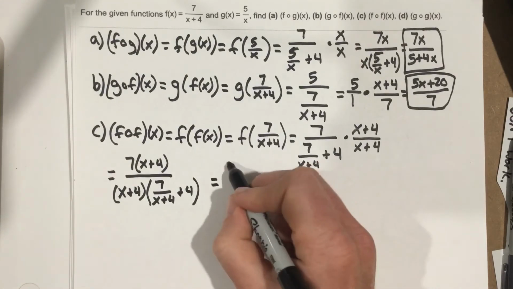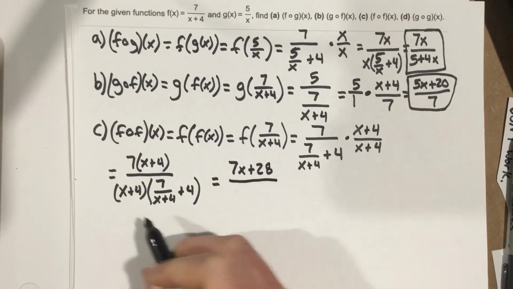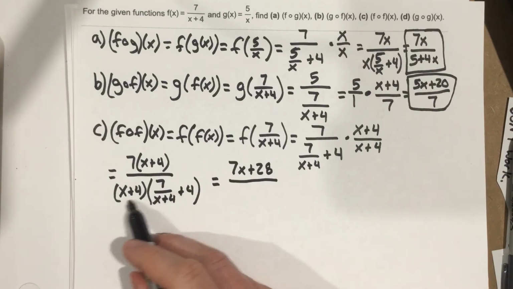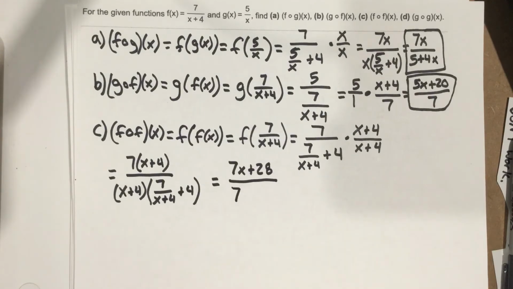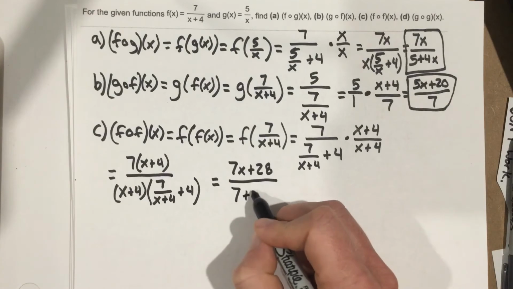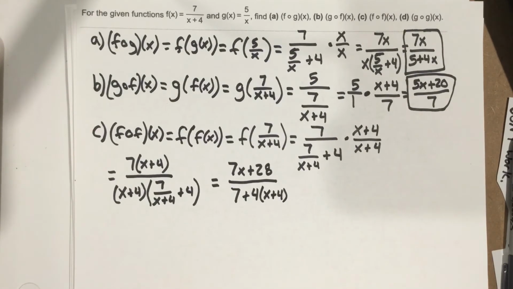That's going to give you 7x plus 28 on top over, on the bottom, the x plus 4's cancel when I multiply it times this fraction because it's over 1. So that will cancel with this, leaving you just with 7. And then you take the x plus 4 and you multiply it times the 4. So plus 4x plus 4.